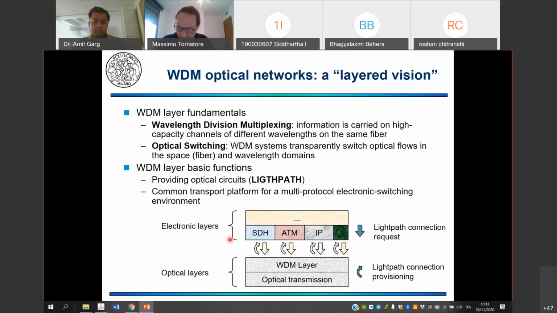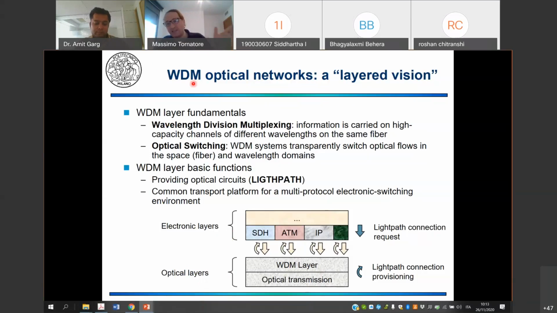So from a networking point of view, when it comes to using the large bandwidth in an optical network, we basically use WDM, right?